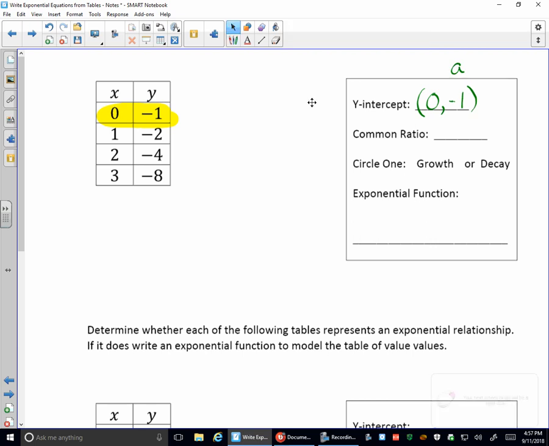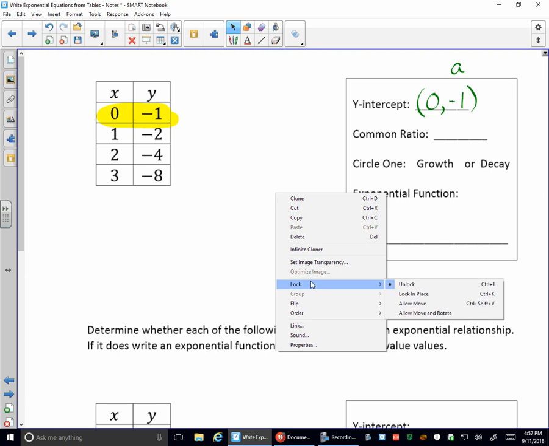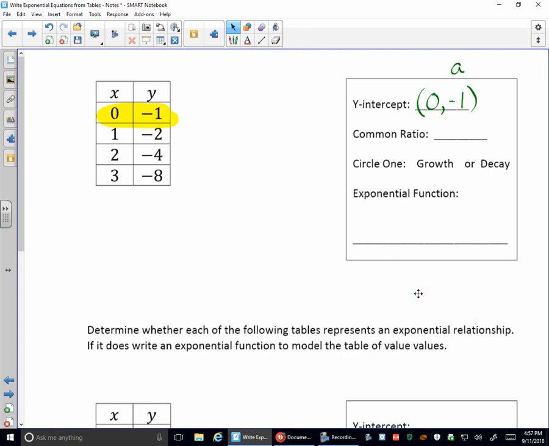All right, before I move on, let me lock this in place so I don't move our notes. Okay, so the second thing that we're looking for is our common ratio, which we start at the bottom: -8 divided by -4, -4 divided by -2, and -2 divided by -1.